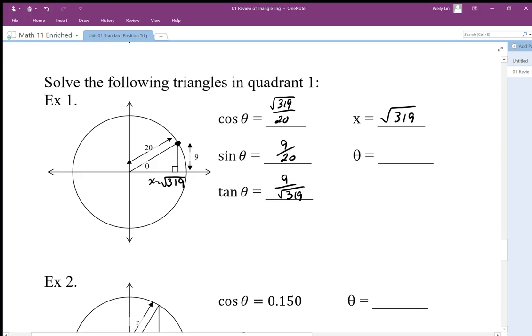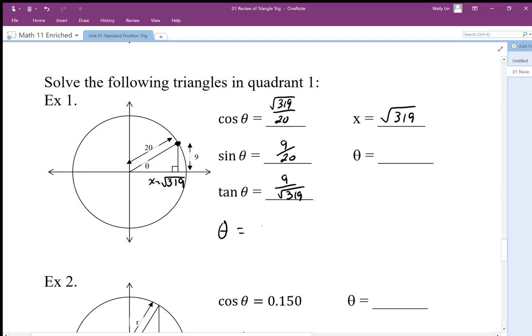Where I need to use my calculators now is, I want to convert this ratio measurement of this angle, okay, to the degree measurement of that angle. So I'm going to use an inverse operation. So I can use inverse cos, inverse sine, inverse tan. Doesn't really matter. I'm going to use my sine.